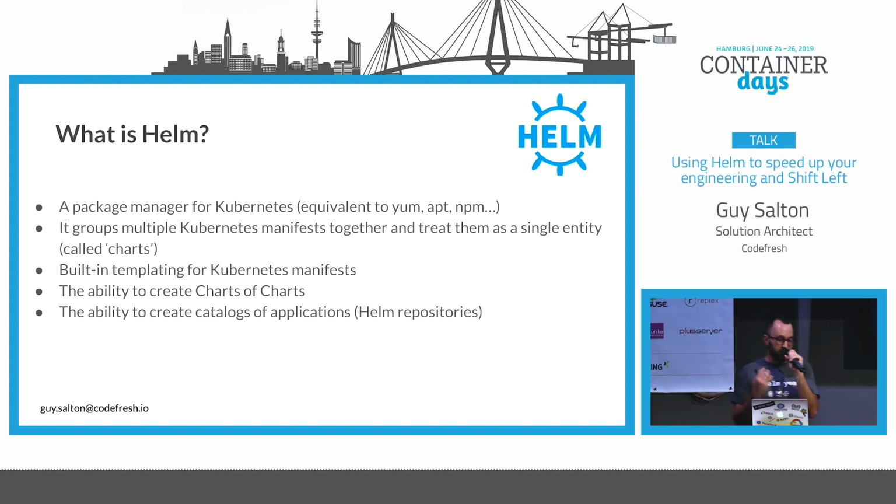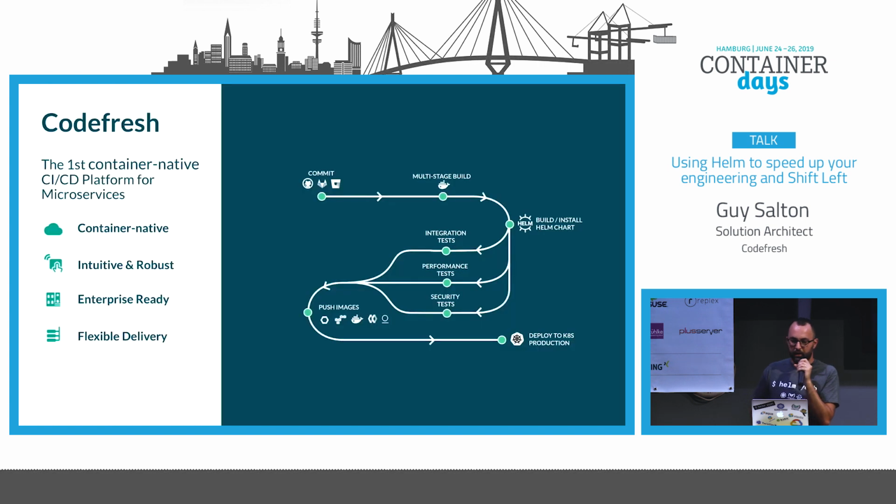It also has a built-in templating engine for Kubernetes manifests. You can create a chart of charts, which some of you are probably familiar with as an umbrella chart, where you can bundle up all your dependencies and then install them all at once. And it has the ability to create a catalog of applications, called Helm repositories, which is similar to an NPM registry for that matter.